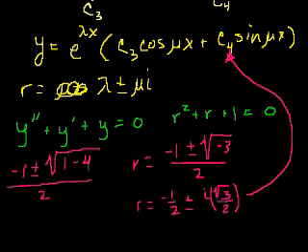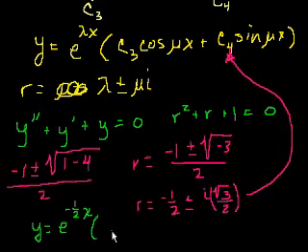So let me write that right down here. So our general solution will be y is equal to e to the real part of our complex conjugate, so e to the minus 1/2 times x, right? This is our lambda, times some constant.